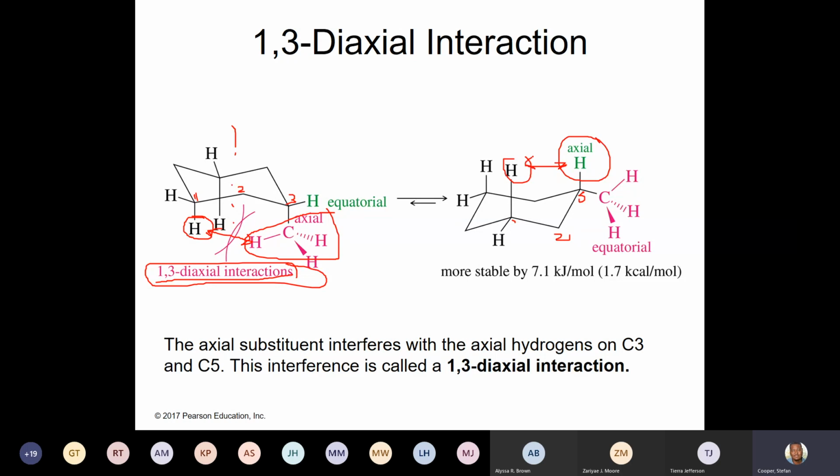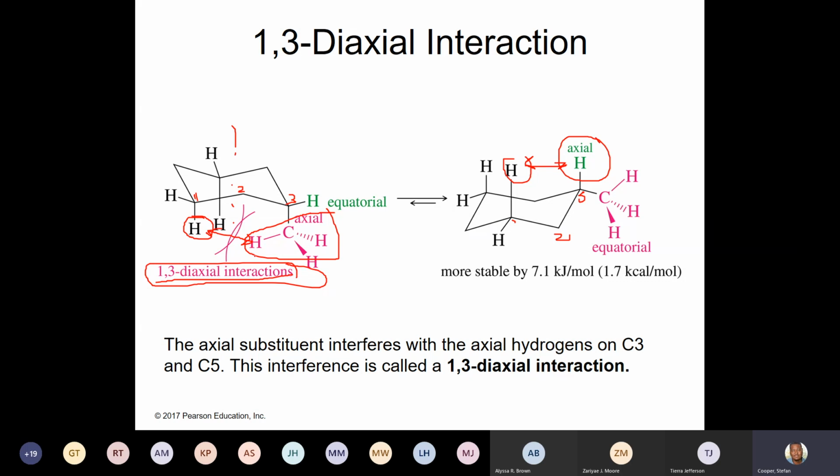This is the smallest possible one you can get, so you can survive having this type. But to put the methyl group axial here is not a good thing. It's going to be interacting severely with that hydrogen. So this is why I get this 1,3 diaxial interaction.